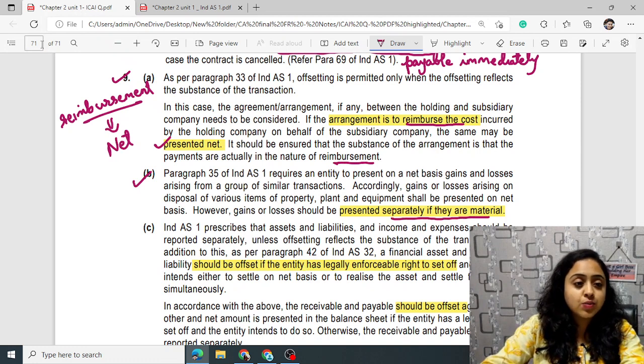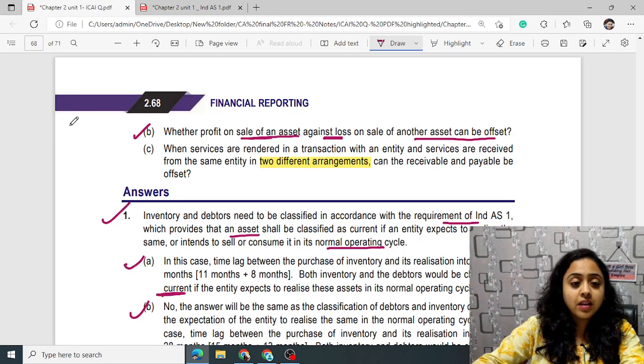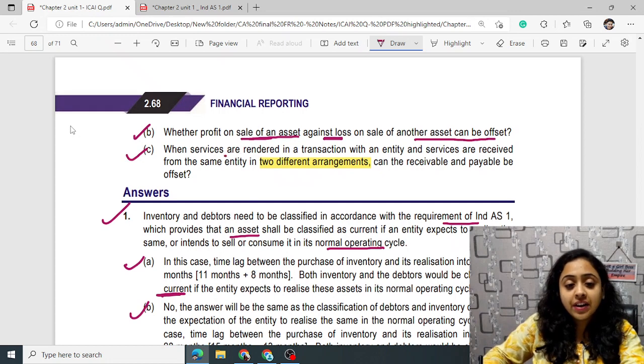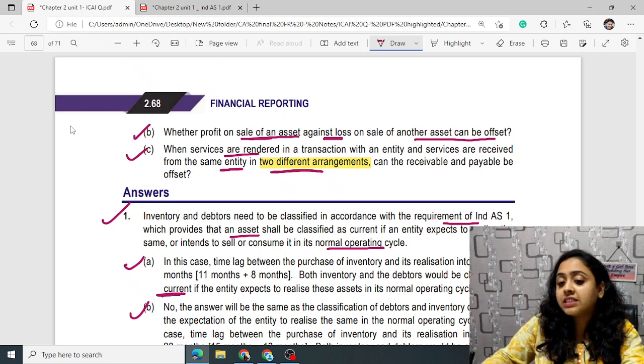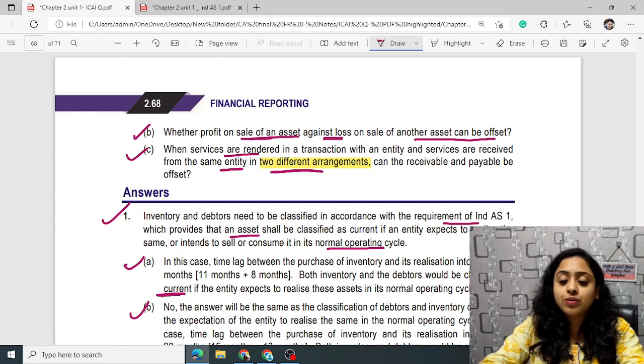Next and last question. When services are rendered to an entity and services are received from the same entity, in two different arrangements, can the receivable and payable be offset? There is one party to which the entity is providing services, and services are received from the same entity in two different arrangements.